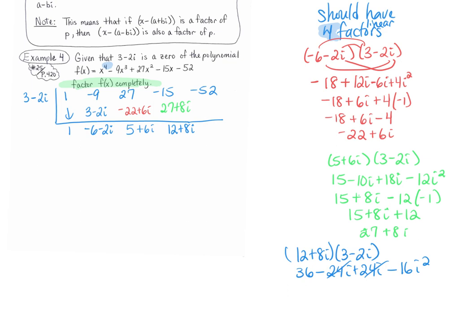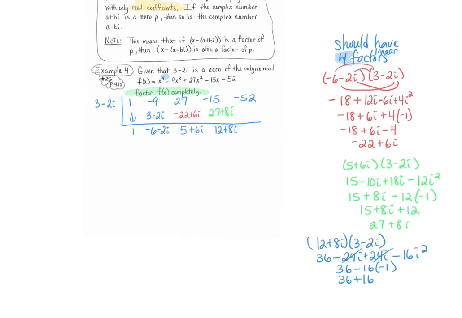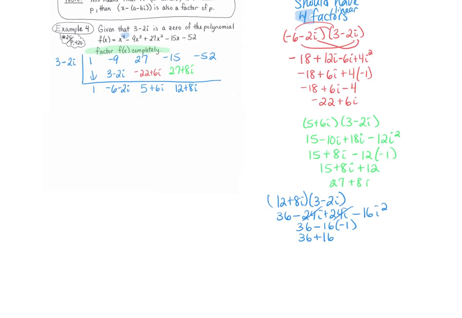The 24i's cancel out. That gives us 36 minus 16 times negative 1, which is 36 plus 16, which is 52, as you expected. So we put 52 here, and we add, and our remainder is 0, which is what you expected.